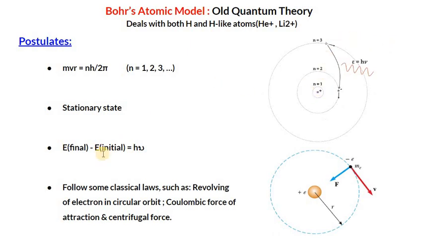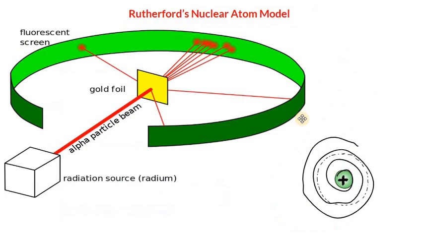There is a positive region, as Rutherford said, and the electrons are revolving around the nucleus in a circular way. But when an electron revolves around the nucleus, it doesn't release any energy, whereas Rutherford said it always releases energy and finally crashes onto the nucleus.